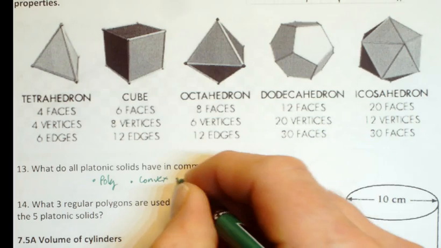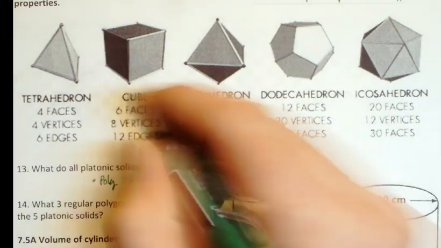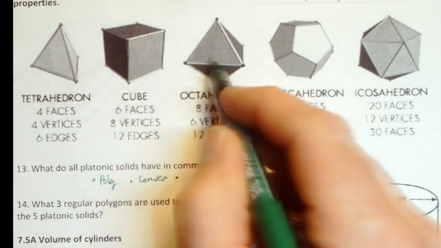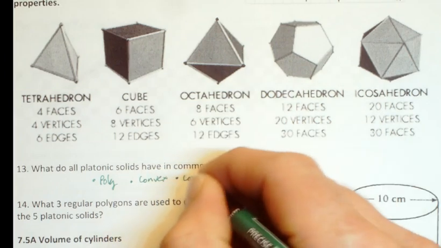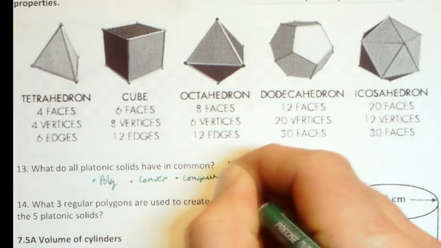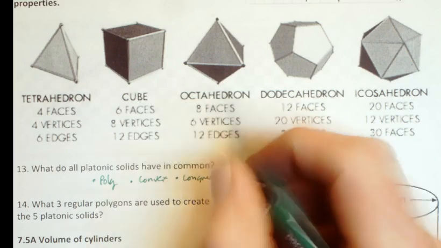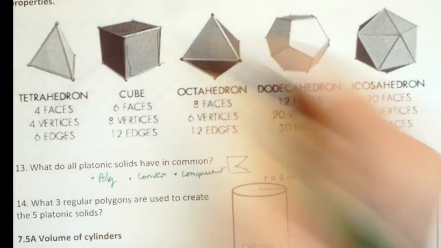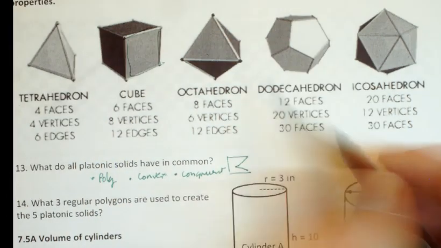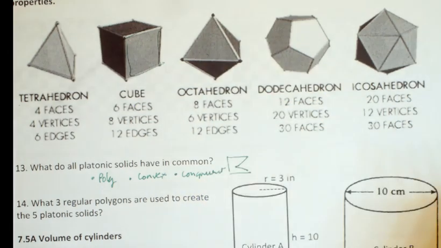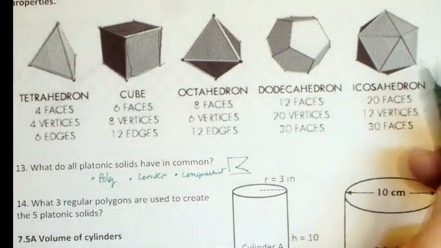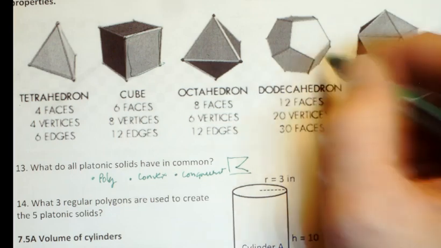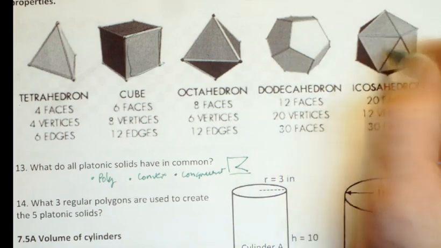You'll notice that each of these is made with congruent shapes. In other words, all of these shapes here are the same. They're all identical squares, identical triangles, identical pentagons, and here's another identical triangle.